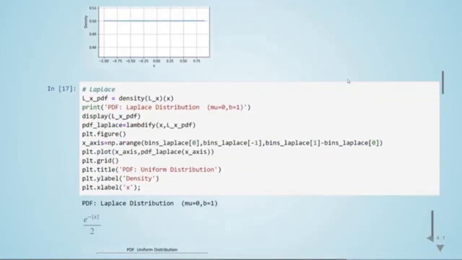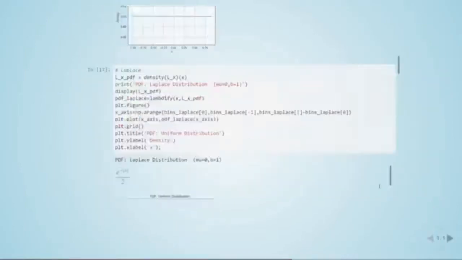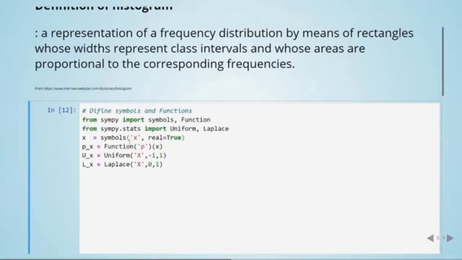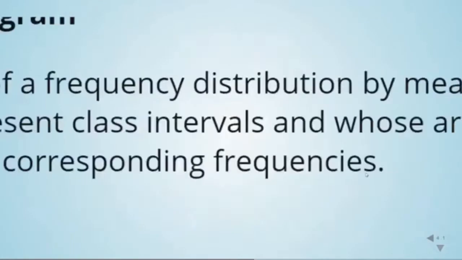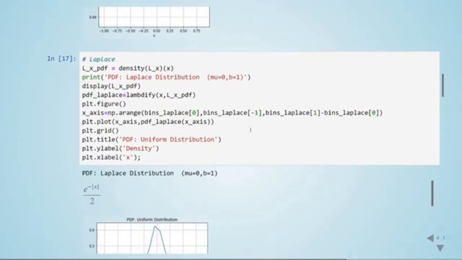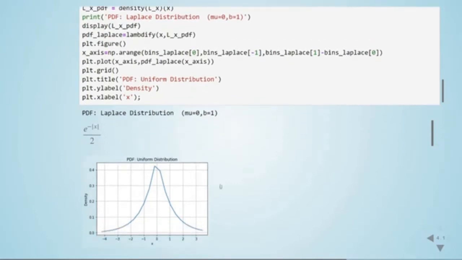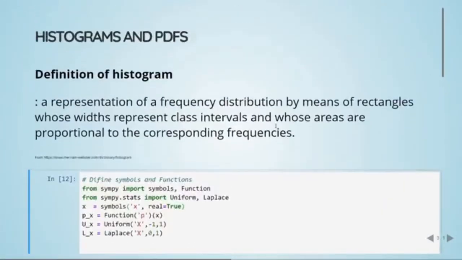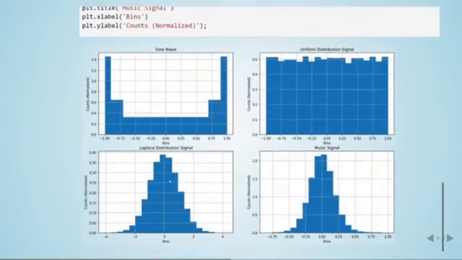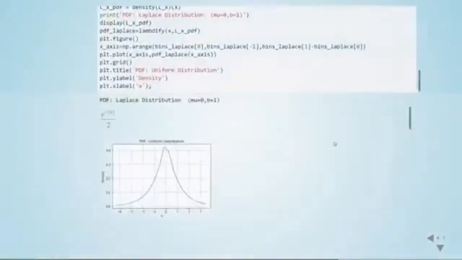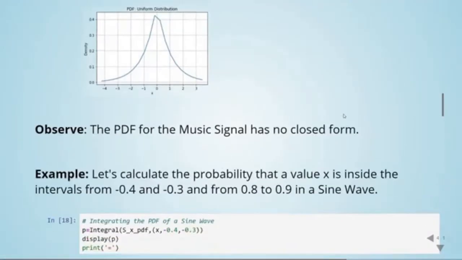For the Laplace distribution, we do the same thing. We take the Laplace distribution that was defined earlier, with 0 mean and b equal to 1, and then we have this equation here for the PDF of a Laplace distribution, and then we're plotting, and we also see that it's quite similar to the histogram of the Laplace.